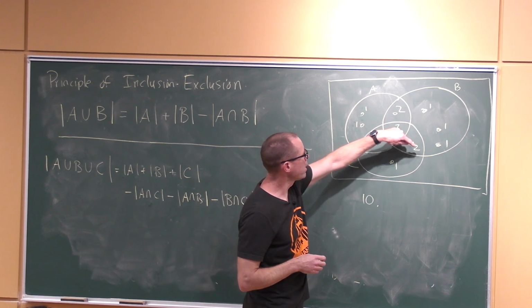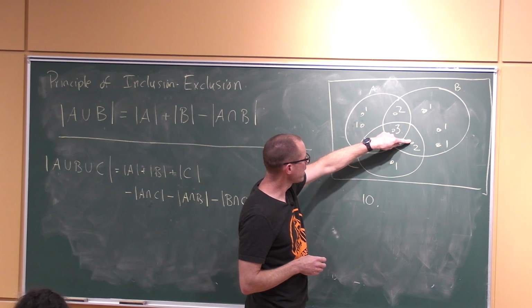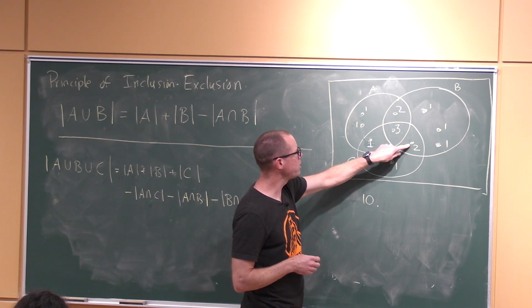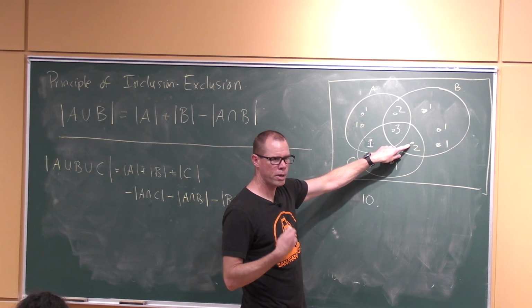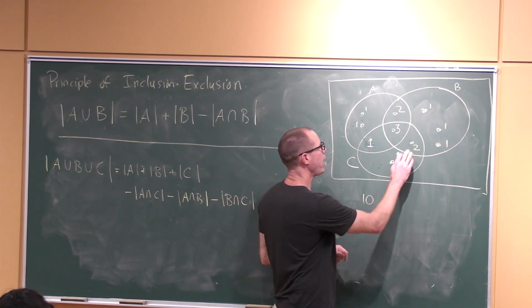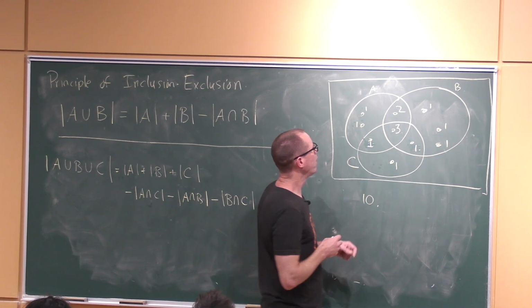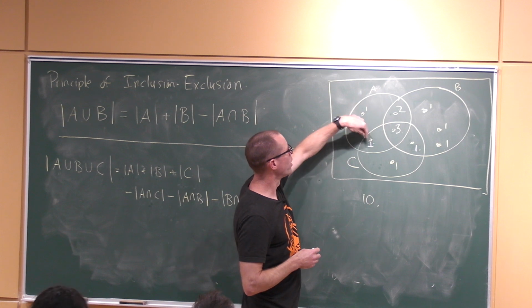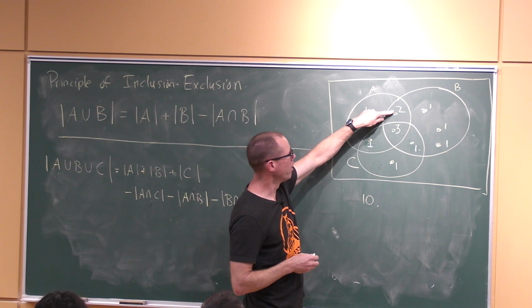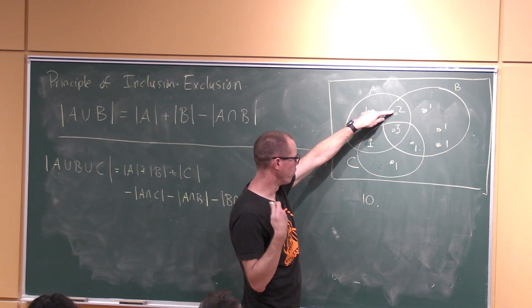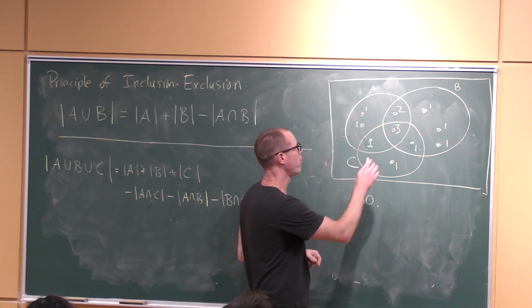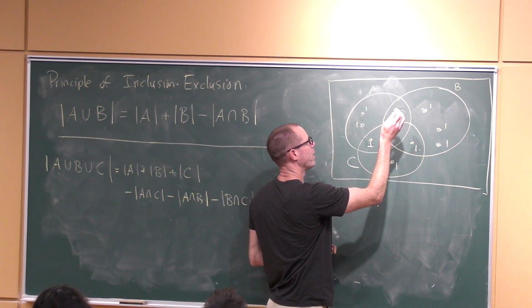This one here was counted once when I was counting up B, once when I was counting up C, but then I subtracted it once because I took away B intersect C. And the same thing with this point. Counted once for A, counted once for B, but then one of those was taken away because I removed size of A intersect B.